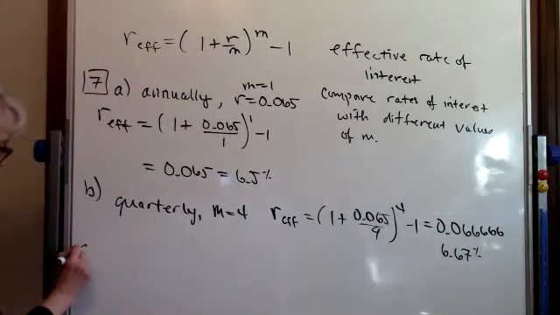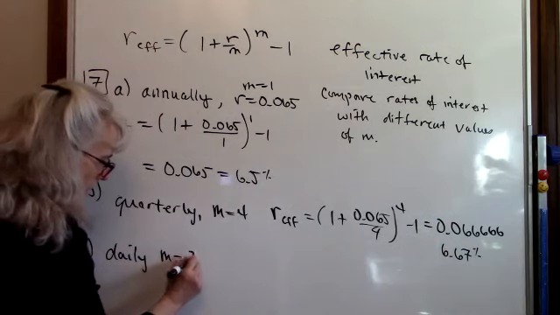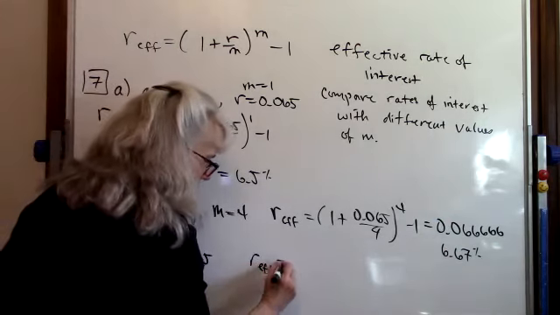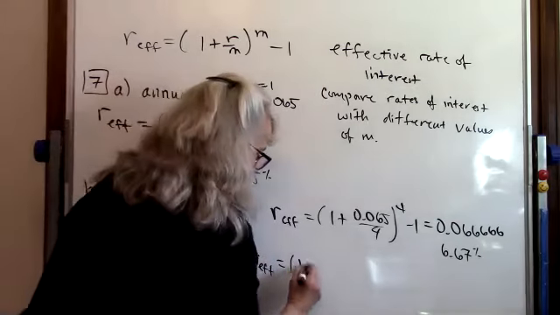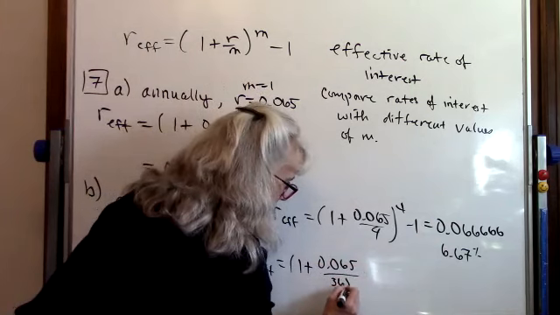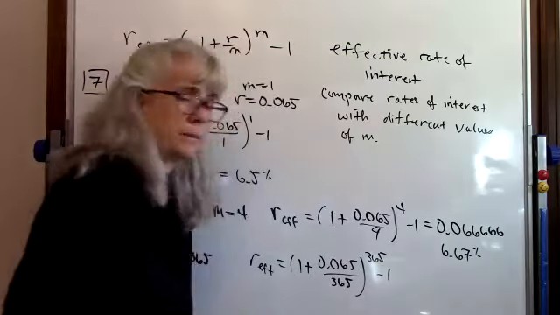Let's go ahead and do one daily just to show you one of those. So m would be 365. Same thing again. The effective rate of interest in an annual setting would be 1 plus 0.065, but now we're going to divide it by 365, raise it to the 365, minus 1.